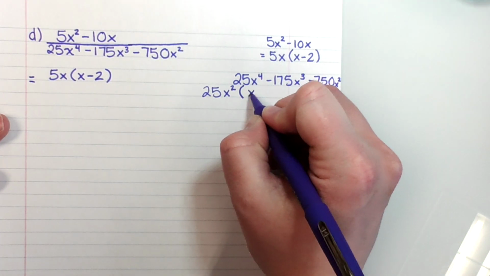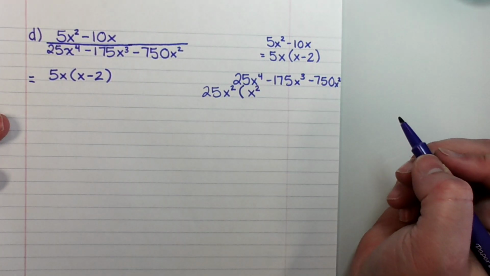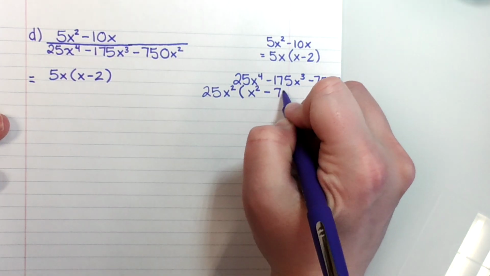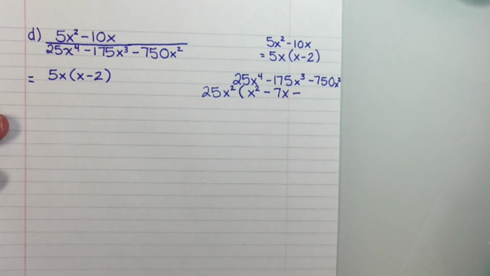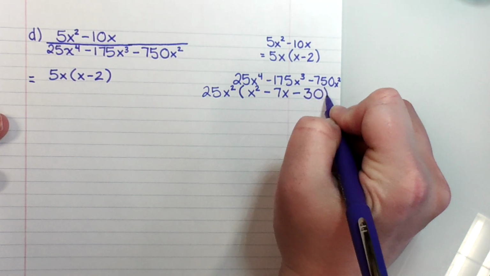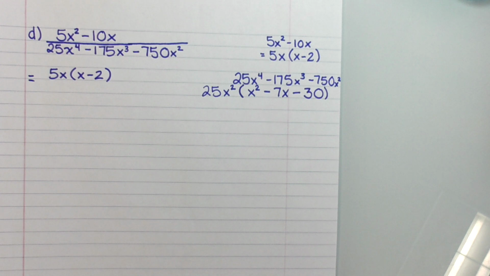X squared minus 7x minus 30. Can I factor it further? Yeah, or at least I can try.